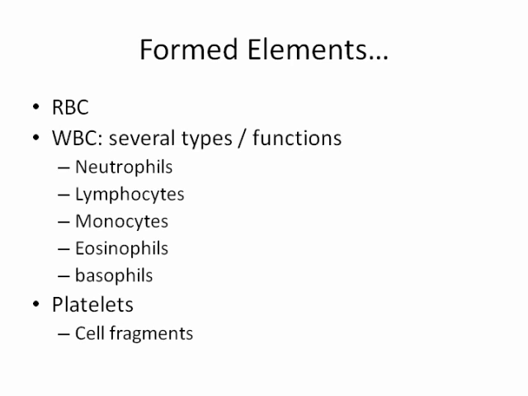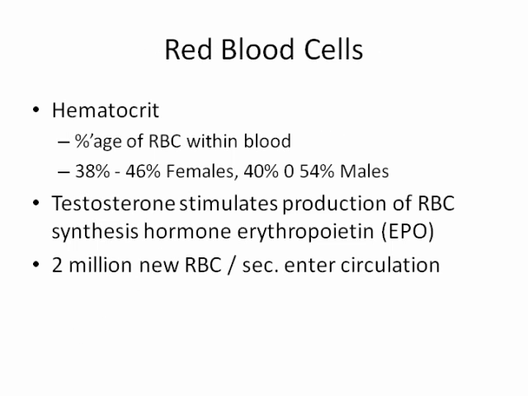There are 5 main types. You have your neutrophils, your lymphocytes, your monocytes, your eosinophils, and your basophils. Don't worry, we'll go through that again here. And then your fragmented cell types, and that being your platelets. So that's what's in your formed elements.